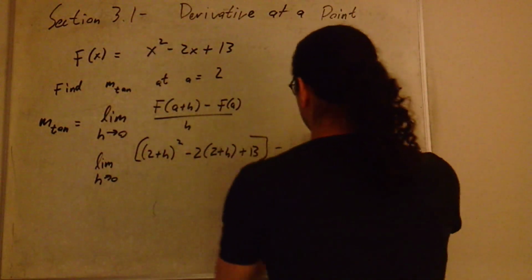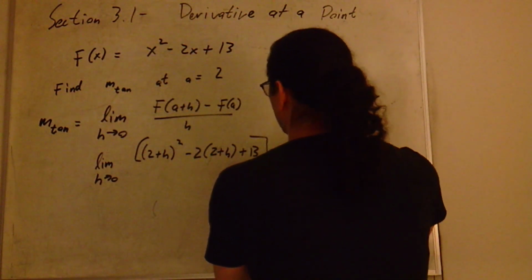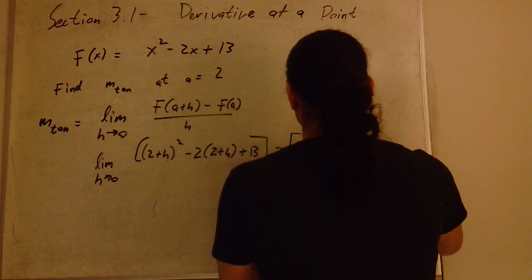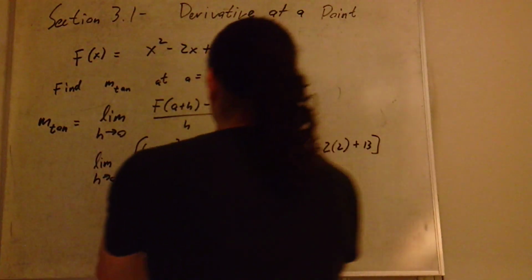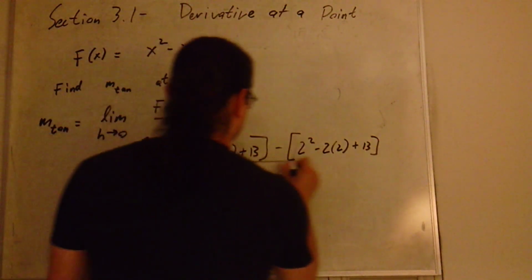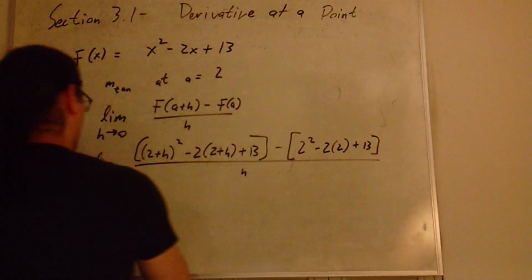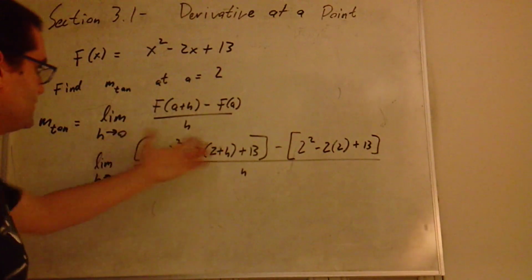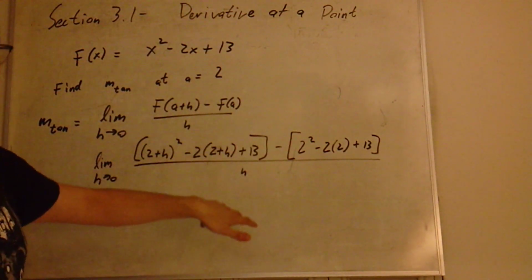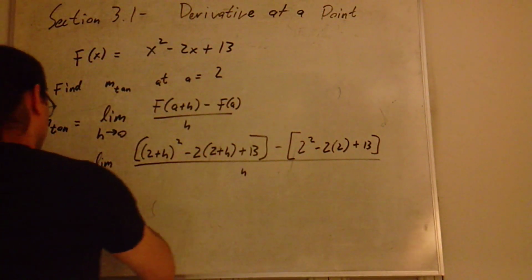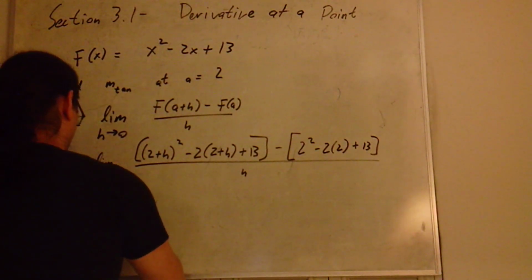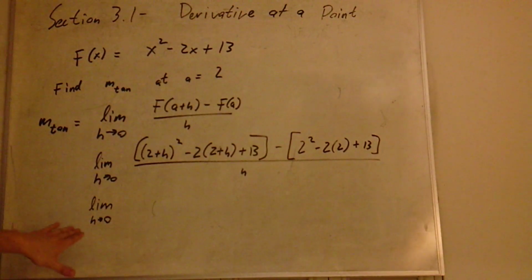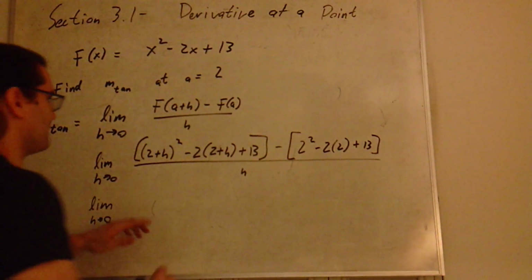F of 2 should be 2 squared minus 2 times 2 plus 13. And then we can divide all of this by h. Now we have to do a lot of distribution and simplifying, just like we did when we did difference quotients the first time. The only difference is we're going to write limit as h goes to 0 just to the left of it for each step.